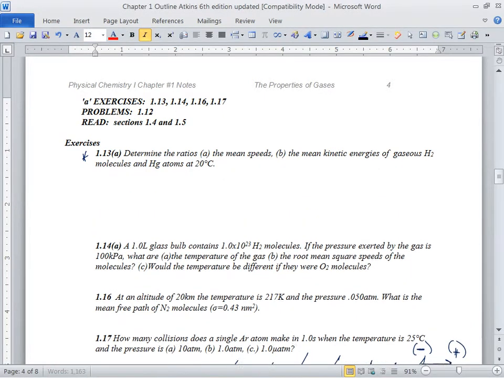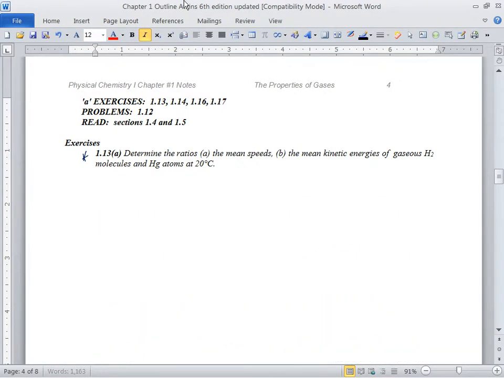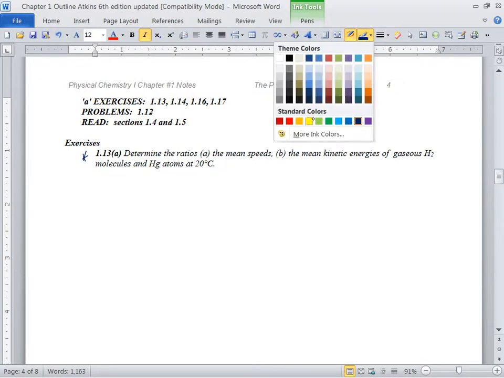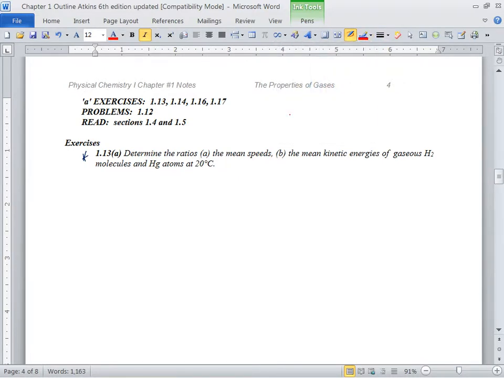Let's see if you get started on this 13 here. So in 13, part A, they want the ratios of the mean speeds and then the mean kinetic energies of these gaseous hydrogen to mercury atoms.